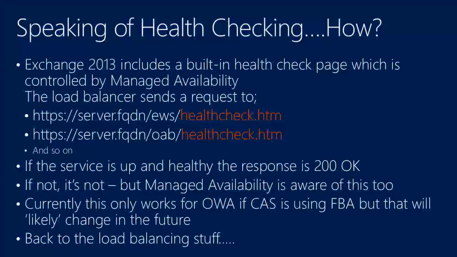Managed availability is an aspect of this, and it will give you back a 200 OK if this app pool and this application is considered healthy by managed availability on the server. So that's good, right? Per application level health checking integrated into the managed availability framework. We love that. Now, I'll give you one warning: the OWA health check relies on FBA being enabled. So if you don't have FBA enabled because you're doing FBA on something else, which we'll talk about a little bit later, then currently this won't work for OWA, but for the rest this should work great. Okay, so I'll throw that one in there. That one's for bonus points.